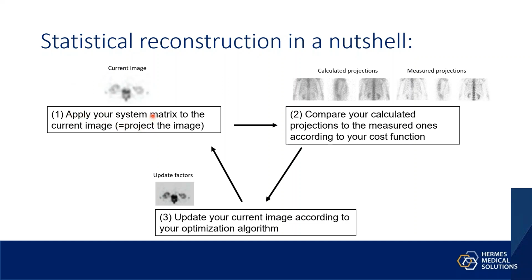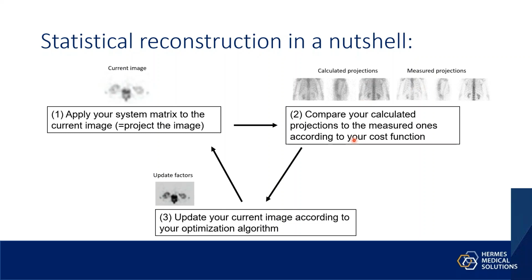By applying the system matrix to the image, we get calculated projections, which are shown here. We have the anterior projection here, lateral, and posterior in here. And then you have the measured projections. Then you compare the calculated projections to the measured ones according to your cost function.